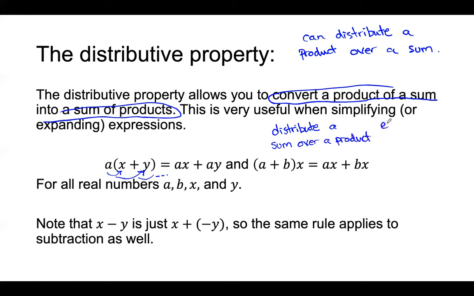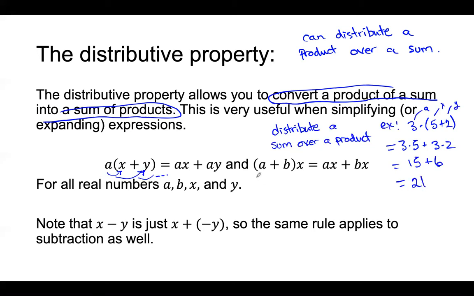So examples of the first one would be 3 times (5 plus 2) is equal to 3 times 5 plus 3 times 2, where the first 3 is A, 5 is X, and 2 is Y. This gives us 15 plus 6, and the result is 21.